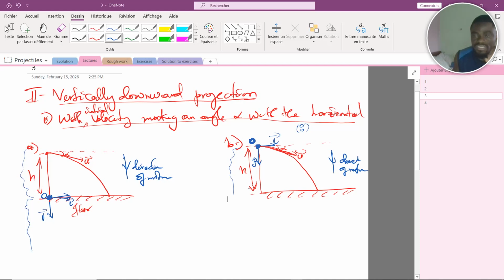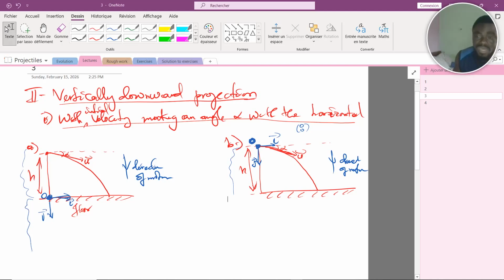If in an exercise where you have vertically downward projection, they tell you take the point H above the floor, the point where the particle is being projected, as the origin of reference, then this is what you are supposed to have. If they say take the floor as the origin of reference, then this is what you are supposed to have.